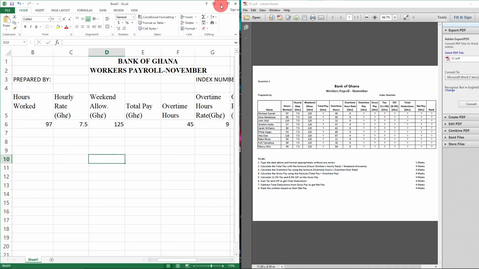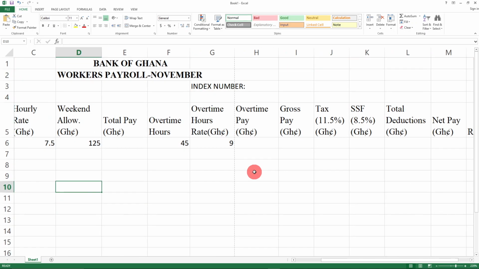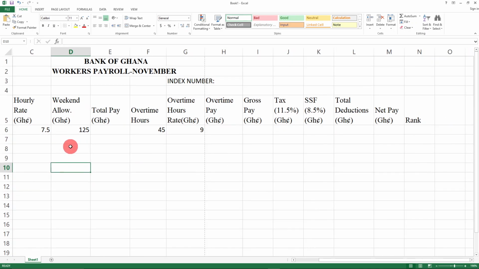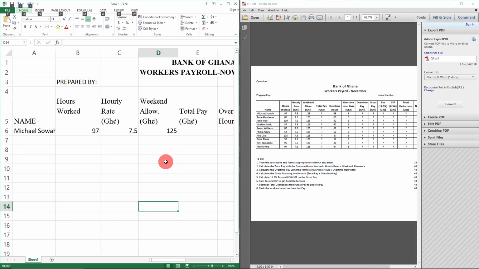But have you noticed something? As we type, you see that all the figures are showing bottom align instead of middle. When you check the question, you could see that all the figures are in the middle.